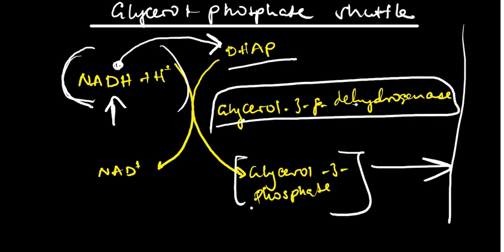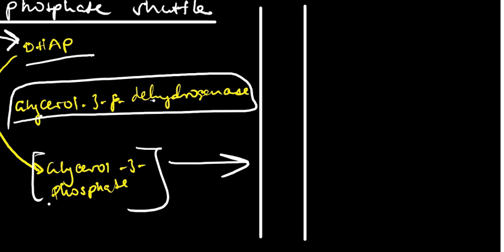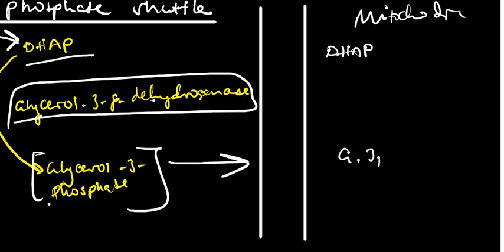Let's take, for instance, this is our mitochondria. If this is our outer membrane space, now we are in the mitochondria right here. This glycerol 3-phosphate enters the mitochondria, and it's oxidized back to dihydroxyacetone phosphate. Remember, this is G3P, reoxidized back to dihydroxyacetone phosphate.